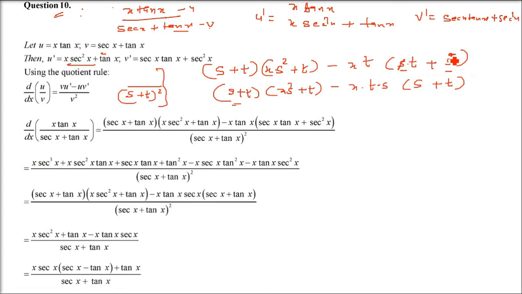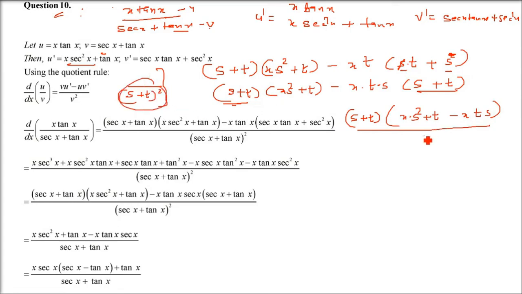Now if I take one sec x here, sec x plus tan x is there, so you can take sec x plus tan x common from here. When you take sec x plus tan x common, what is inside? It will be x into sec square x plus tan x minus x into tan x and sec x.